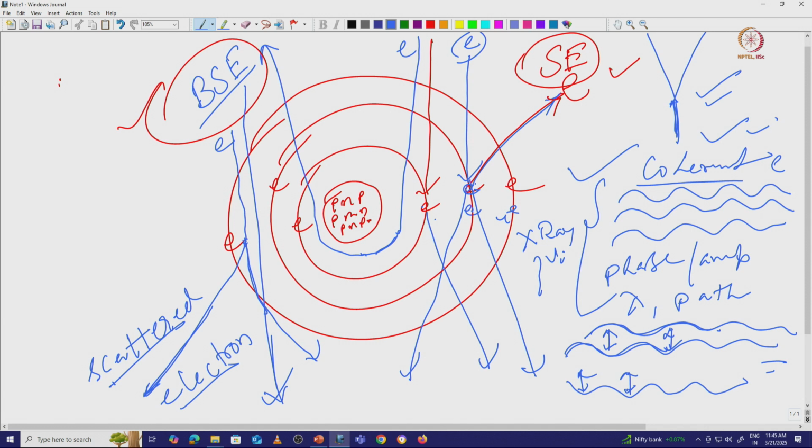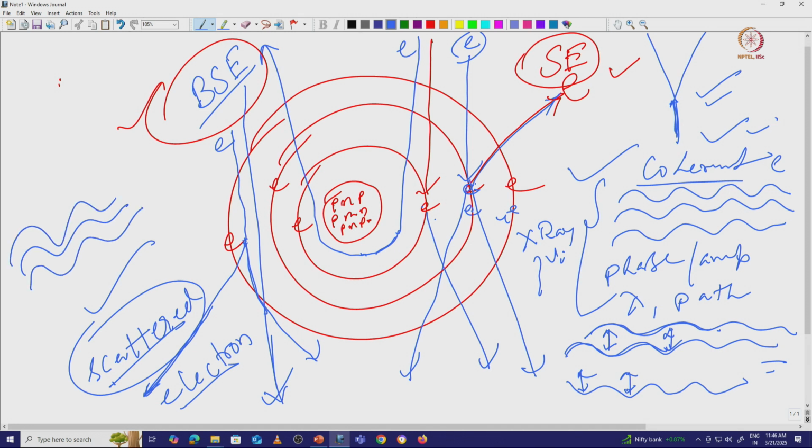So most of the cases those are elastically scattered electrons. These are called elastically scattered electrons because there is no energy loss and it is maintaining that amplitude, path, phase, and they are coherent.